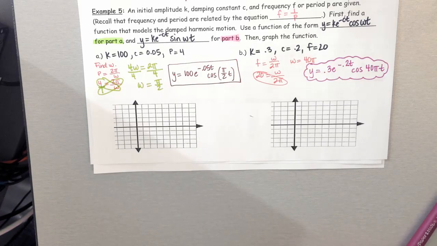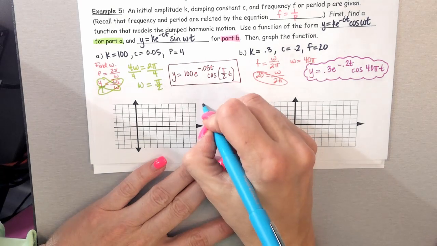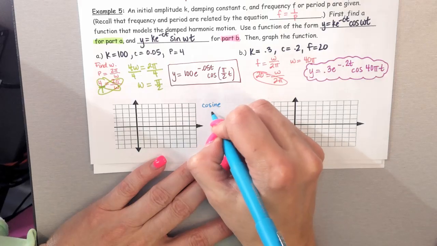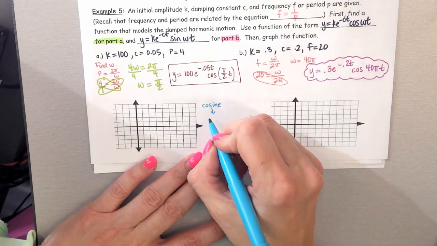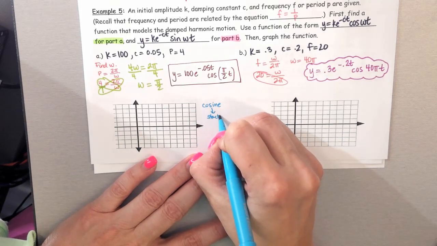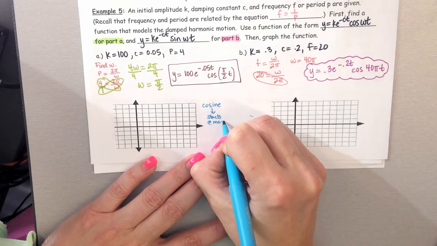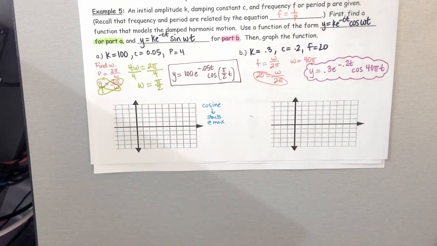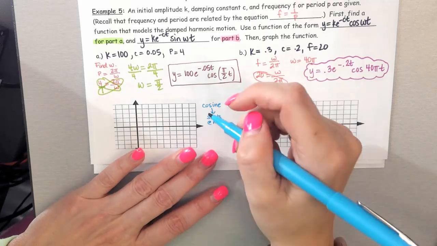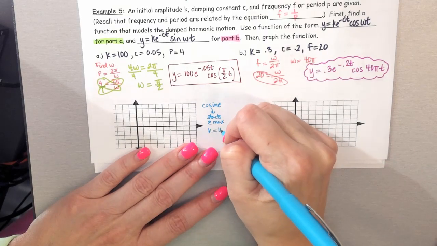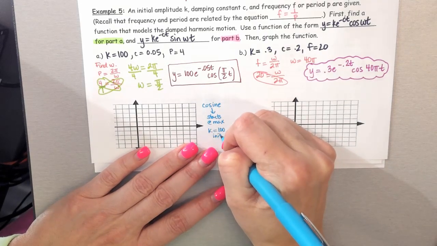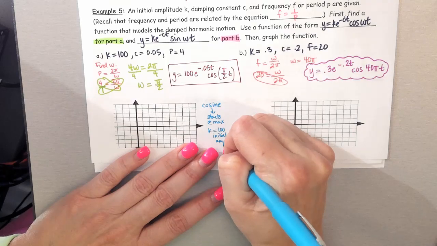This is what I'm going to be looking for on your graphs. If you have your cosine, you have to show that it starts at your maximum, which is going to be your initial amplitude, and that is your K value.